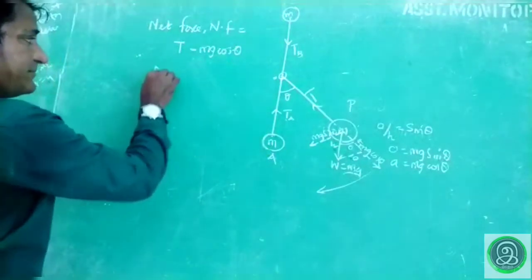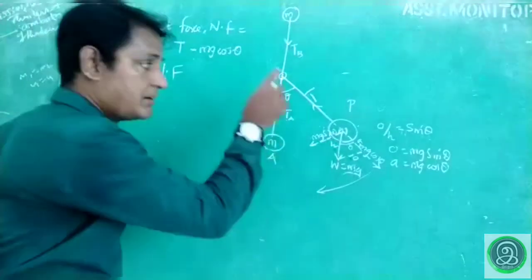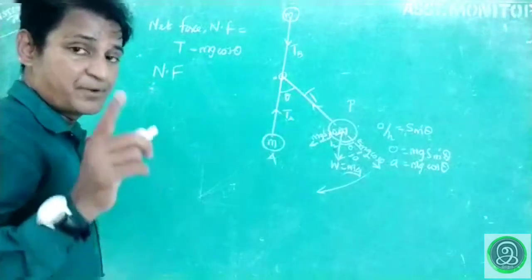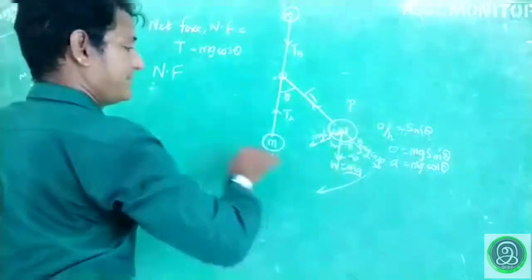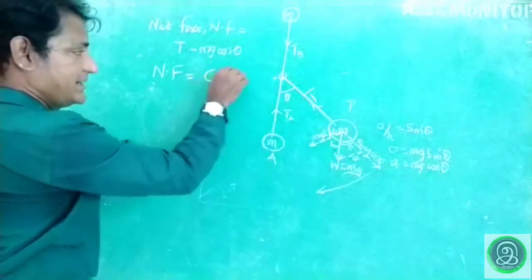Now this net force provides the necessary centripetal force for the stone to move in a circular path. So the net force provides the centripetal force.